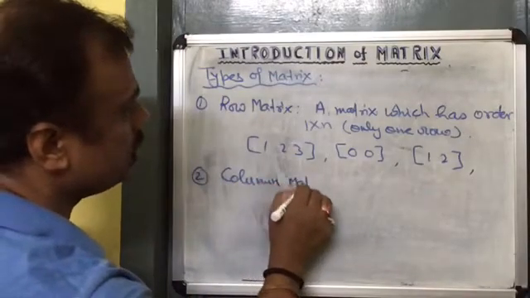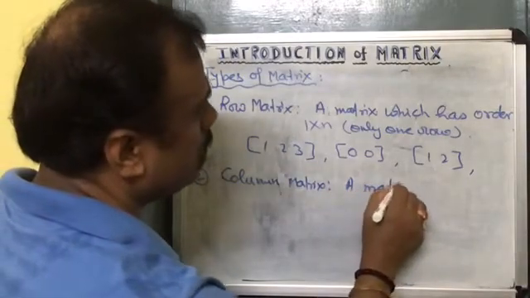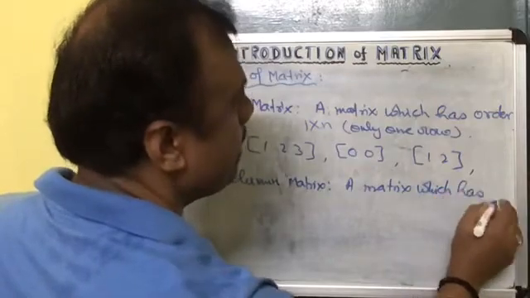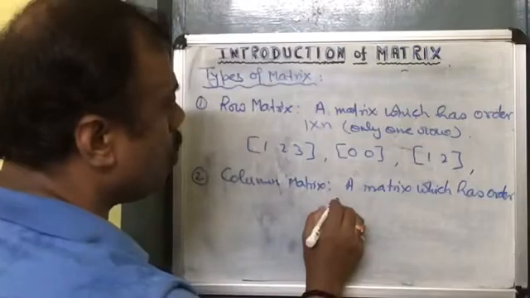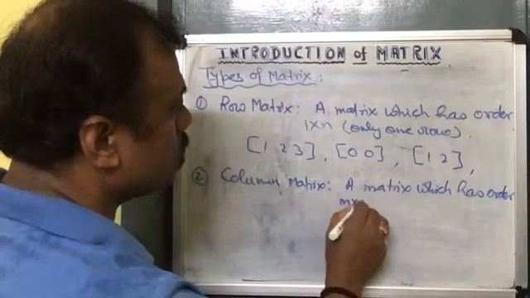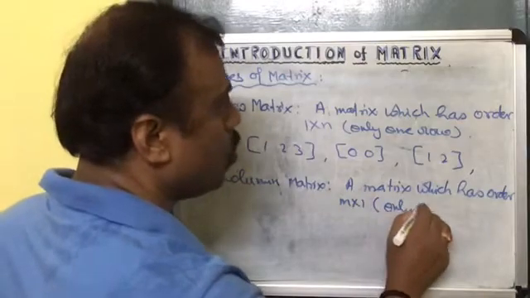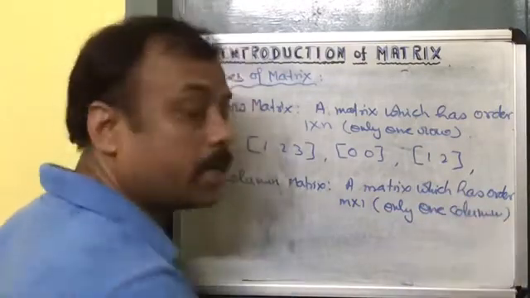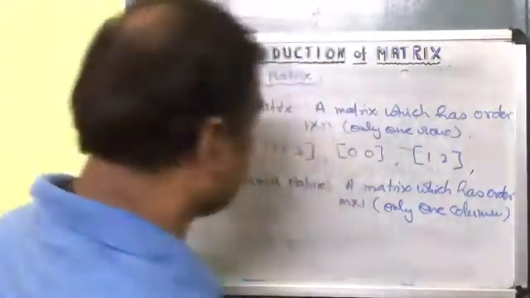A column matrix is a matrix which has order m cross 1, that is only one column. So any matrix which has only one column is called a column matrix.